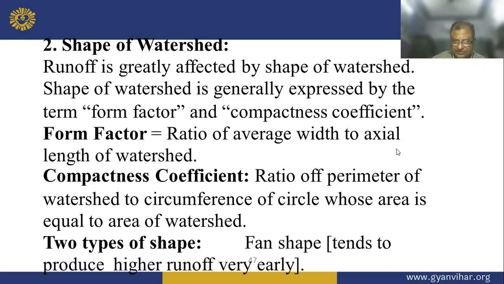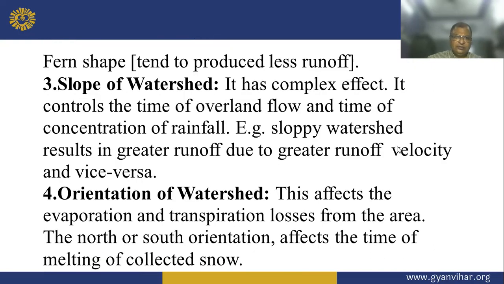Two types of shape: fan shape tends to produce higher runoff very quickly, while fern shape tends to produce less runoff.